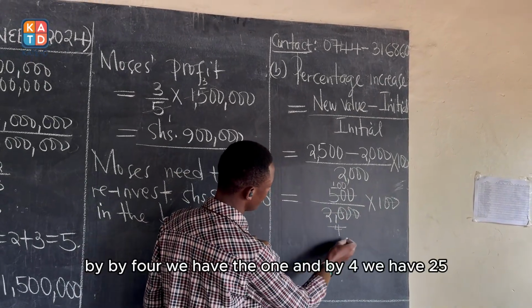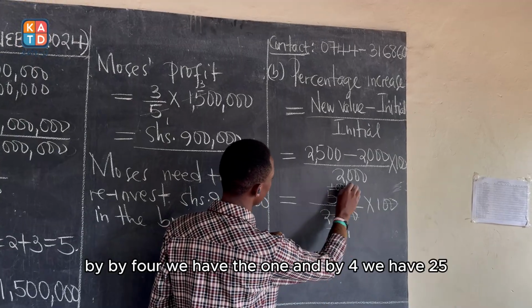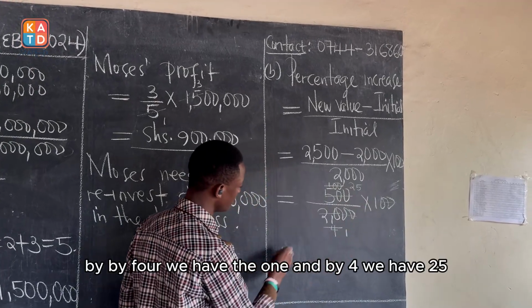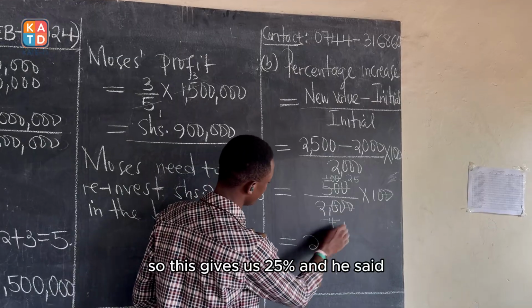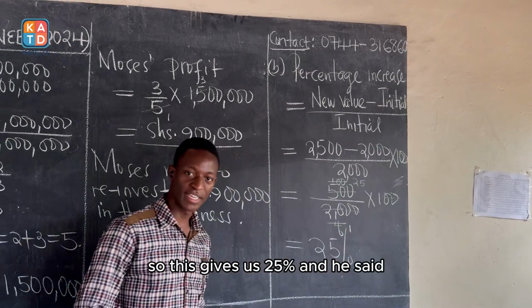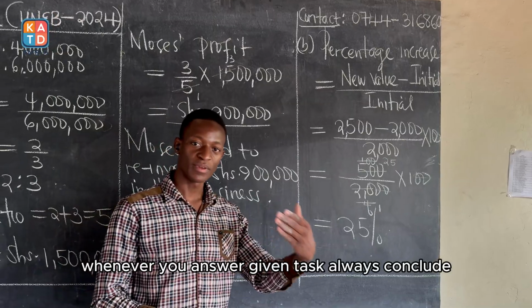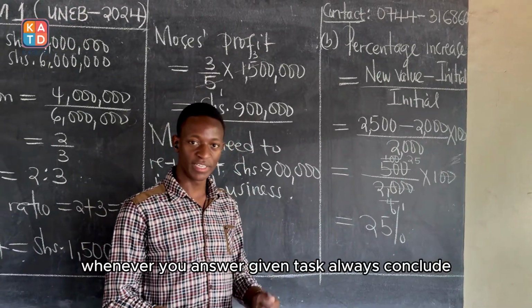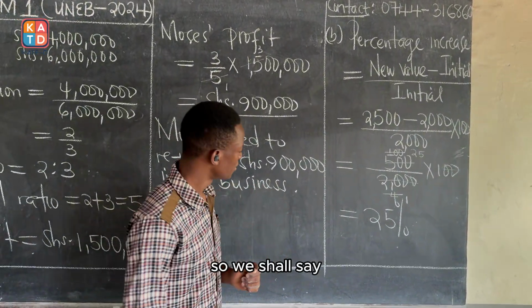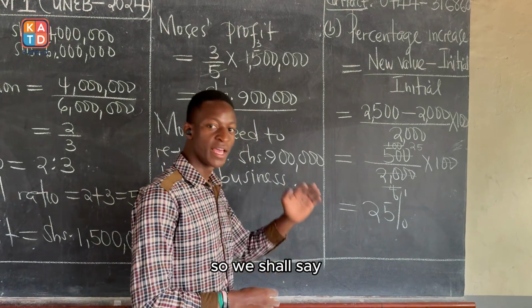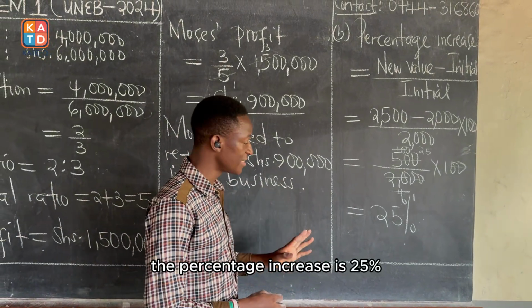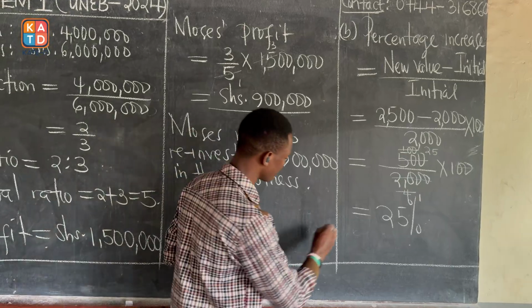By 4 we have a 1, and by 4 we have 25. So this gives us 25%. And we said whenever you answer a given task, always conclude. So we shall say, therefore, the percentage increase is 25%.